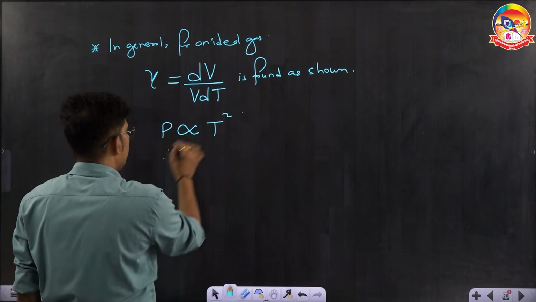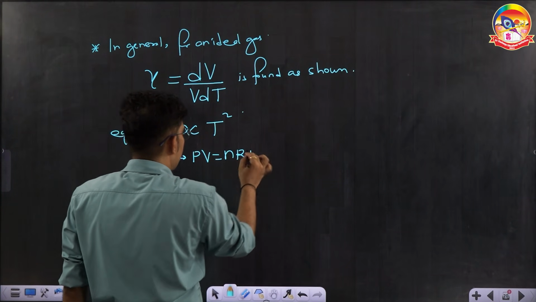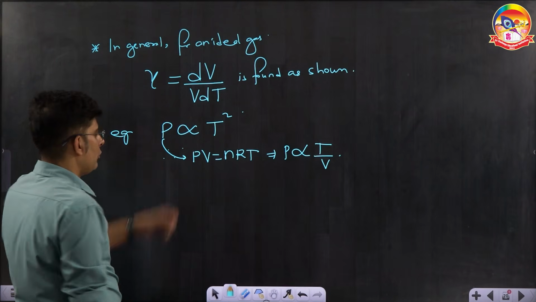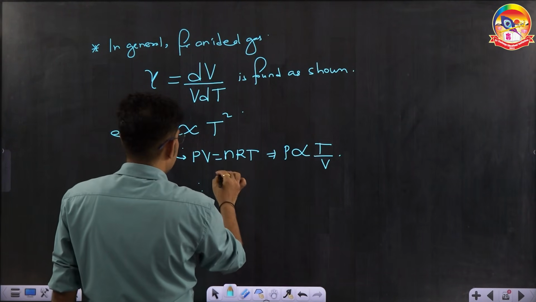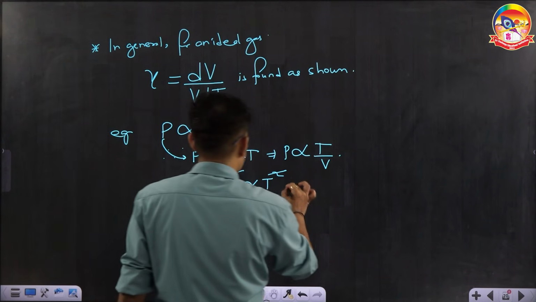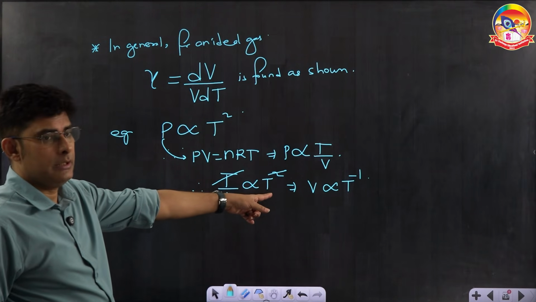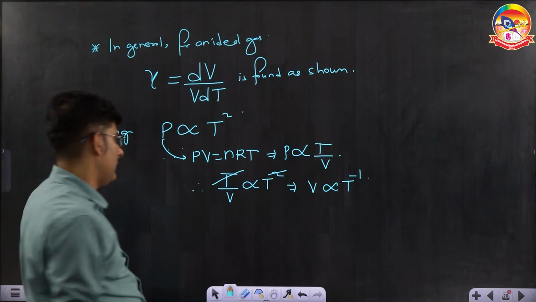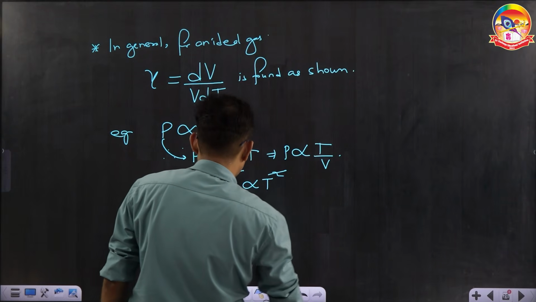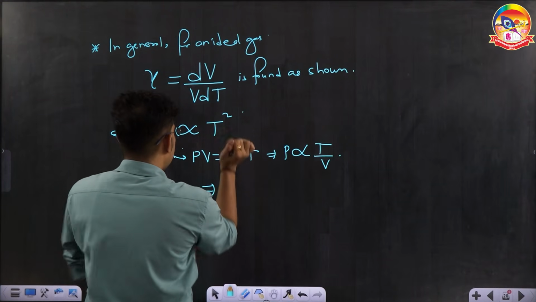Let's see. So when P is given, we can use PV equals to nRT. So just try to convert pressure. You can see it is proportional to T by V. So from here we can take T by V proportional to T square. One term cancels. So that means V is proportional to T to the power minus 1. Clear? V is proportional to T to the power minus 1. Or you can directly substitute the expression.